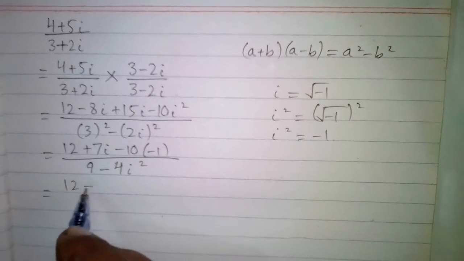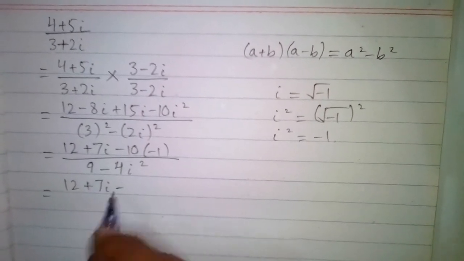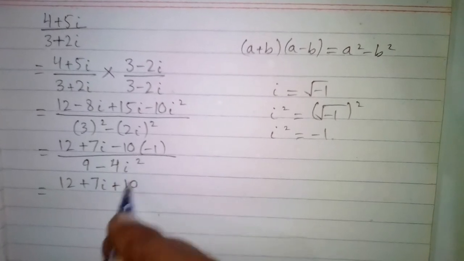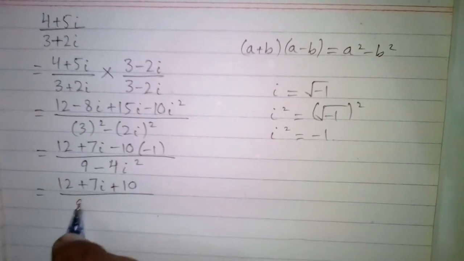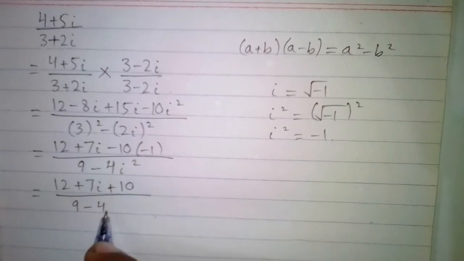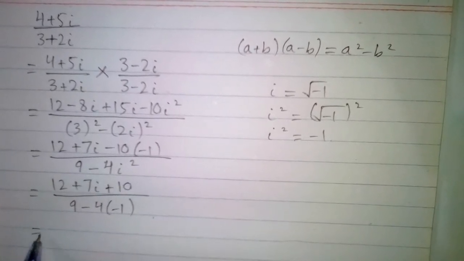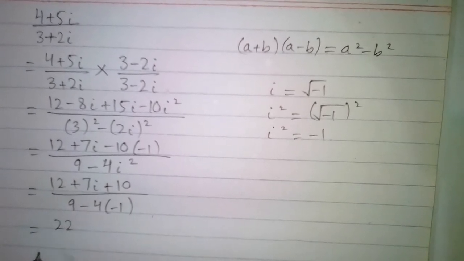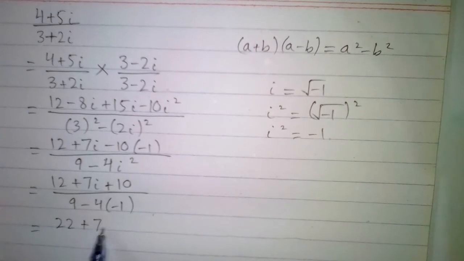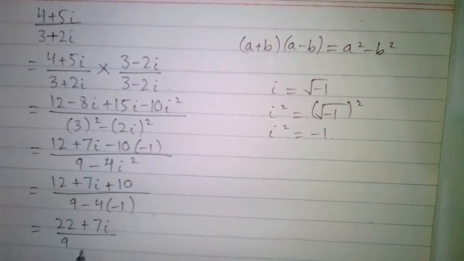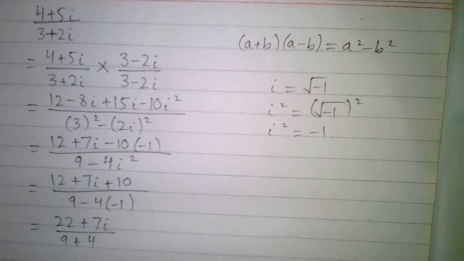Now this can be written as 12 plus 7 iota minus 10 times iota square, and then we have 9 minus 4 iota square. We will put the value of iota square, which is minus 1. So we have 12 plus 10 is 22, then plus 7 iota upon 9, minus 4 times minus 1 is plus 4.